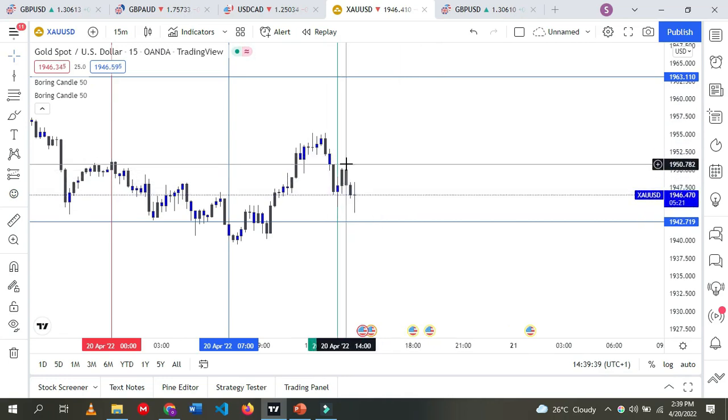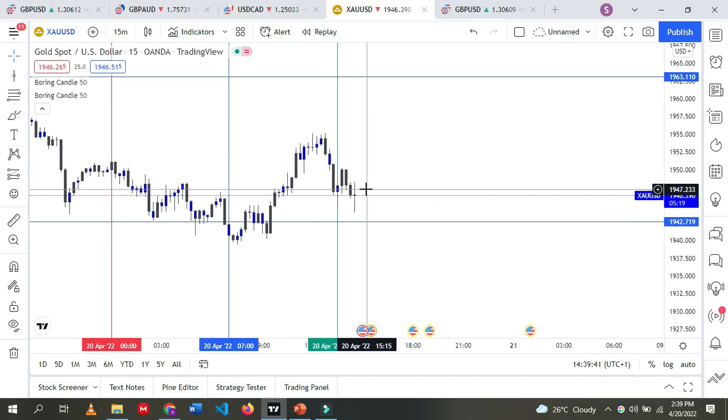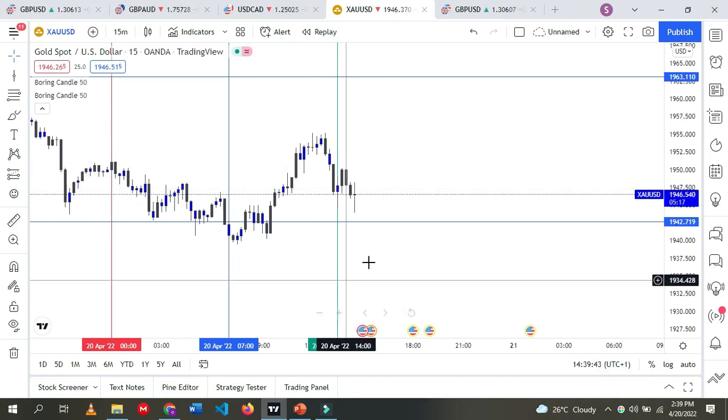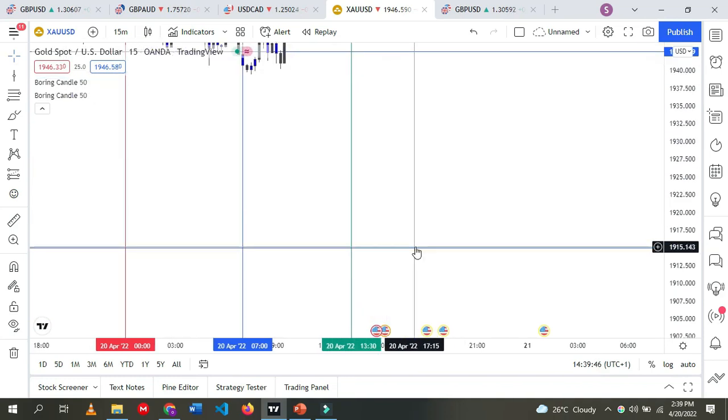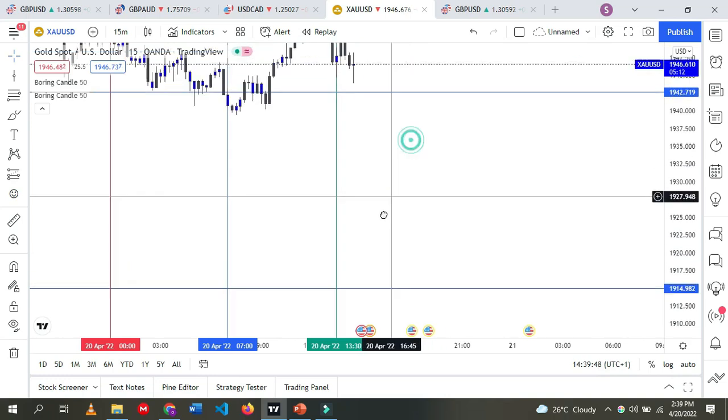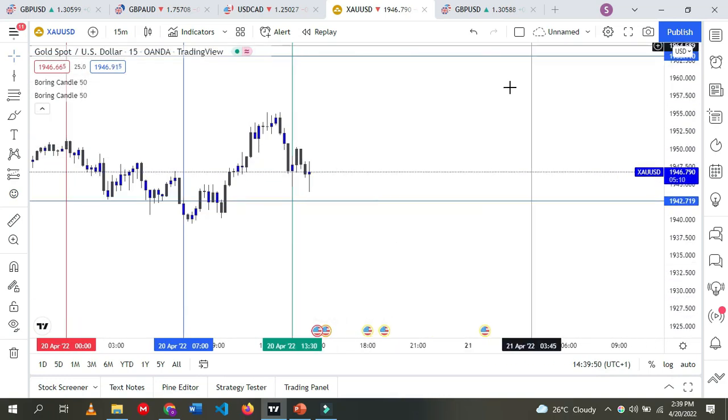We tested it up a little bit, and now it's coming down. I can enter the market now. Let's see where it drives it to. I'm expecting the market to drive it here. Though these are some of the stuff I'm expecting the market to do.